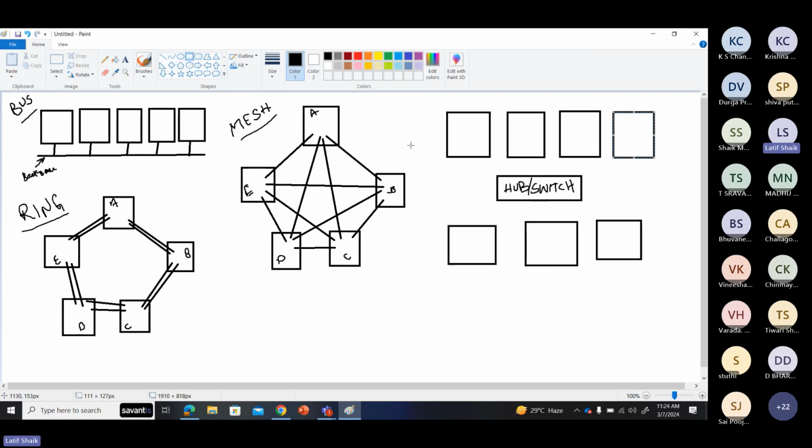You can connect these devices to this centralized device. So every communication is going through this centralized device only. All these devices will communicate through this centralized device only.